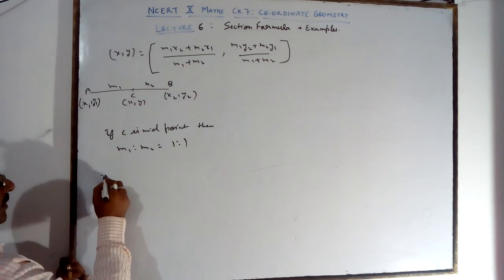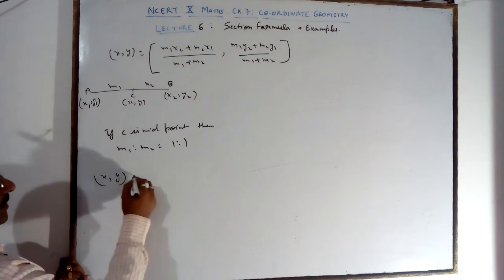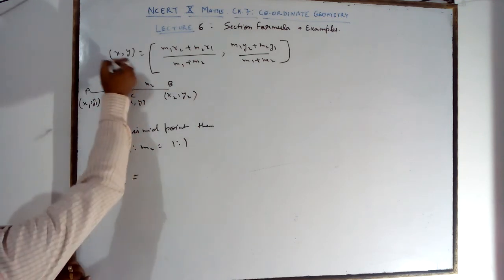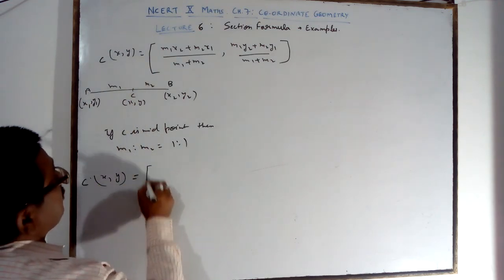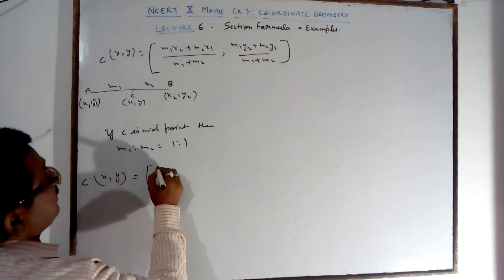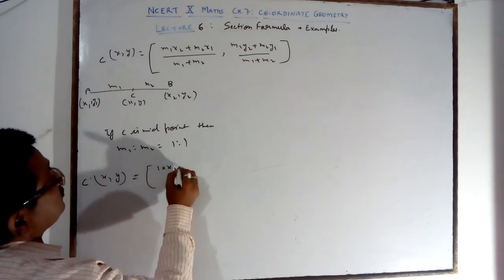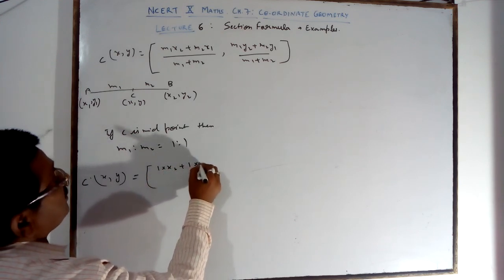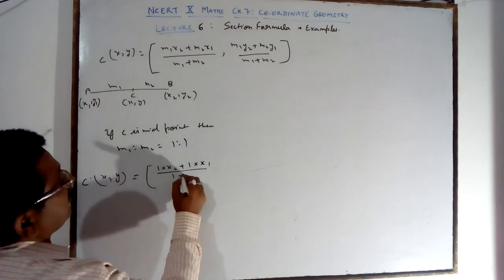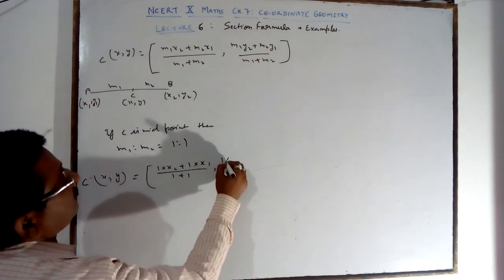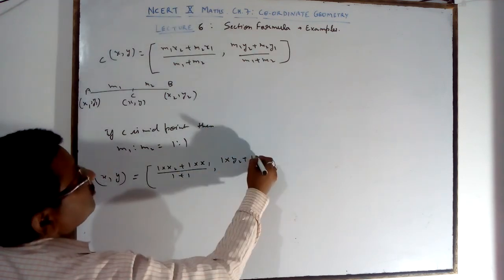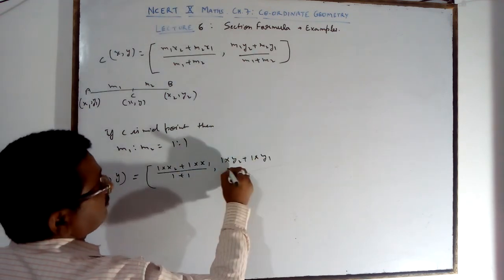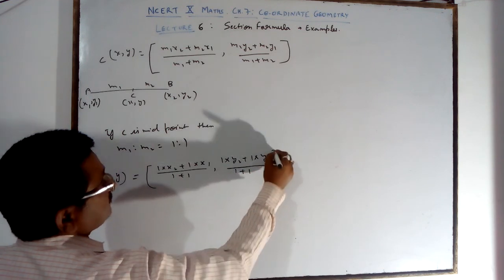So x, y of point C will be calculated as: 1 into x2 plus 1 into x1 upon 1 plus 1, comma 1 into y2 plus 1 into y1 upon 1 plus 1.